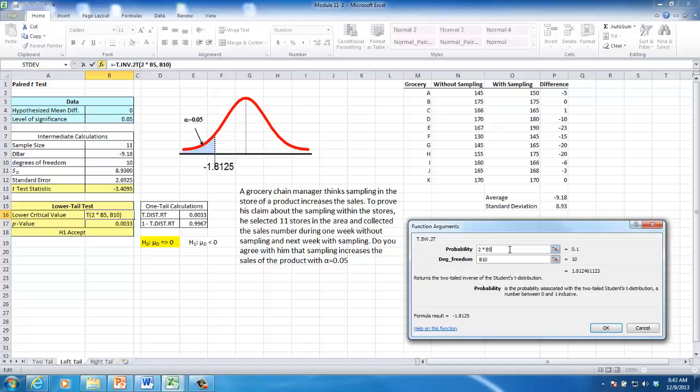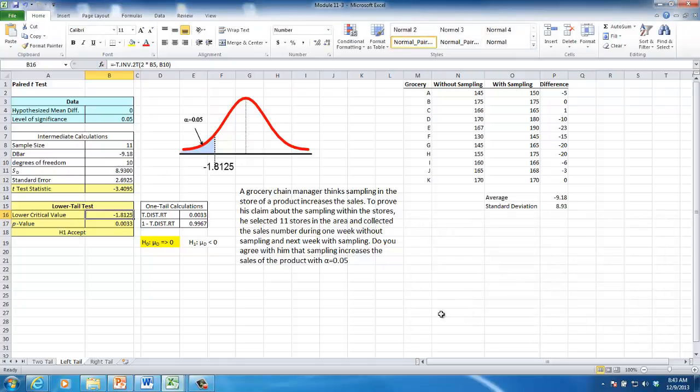Since this is a one tail test, we need to multiply the level of significance by 2. This is how Excel works. For left tail or right tail, if we use T.INV.2T, we need to multiply the probability by 2. Degree of freedom, again, is sample size minus 1, n minus 1, which is 10, here in cell B10.